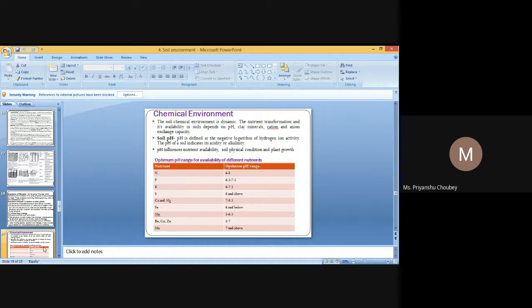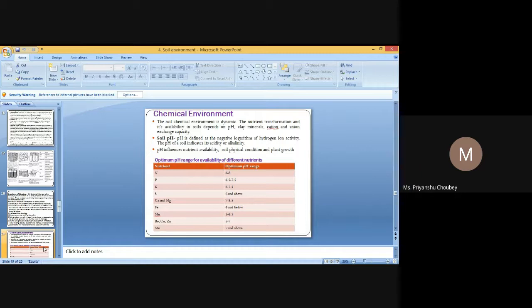For potassium availability in soil, the pH is 6 to 7.5. For sulfur availability, the optimum pH range is 6 and above. Calcium and magnesium availability in soil, the pH is 7 to 8.5.